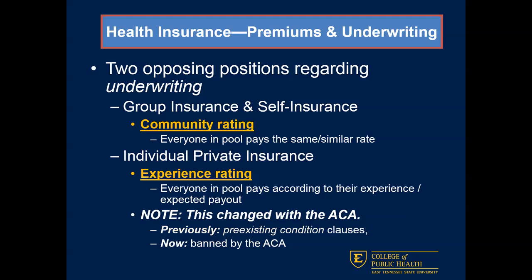Another factor that works into this experience rating is your health status. That was another big determining factor when it comes to setting your insurance rate. So parents of children with maybe an autoimmune disease, or let's say a breast cancer survivor who's overweight and they smoke, could have a $1,600 a month premium because of their experience rating.